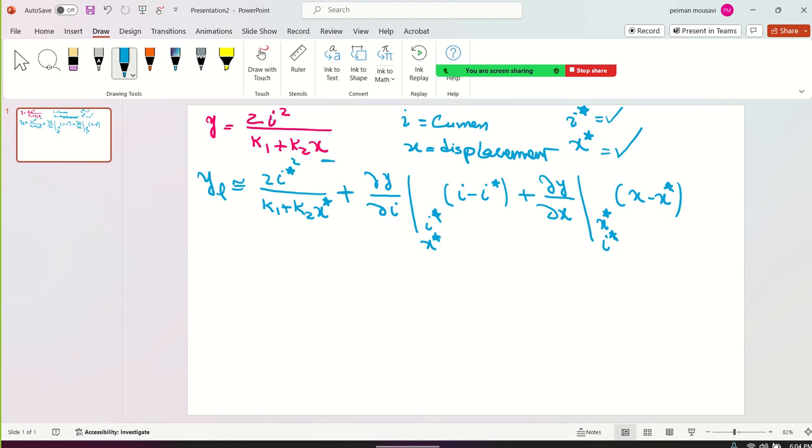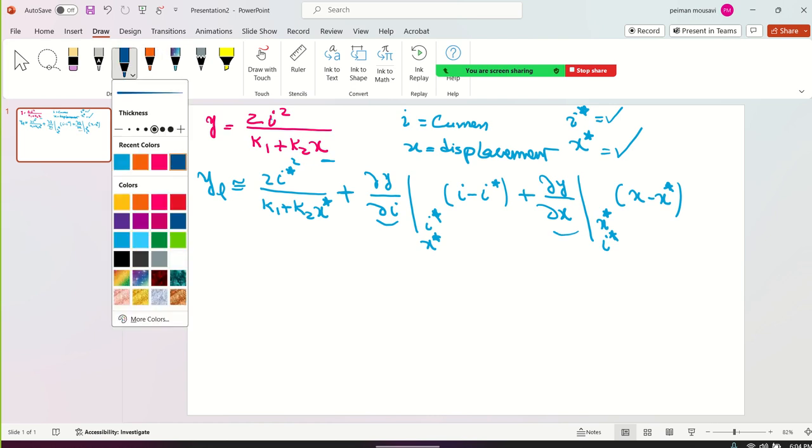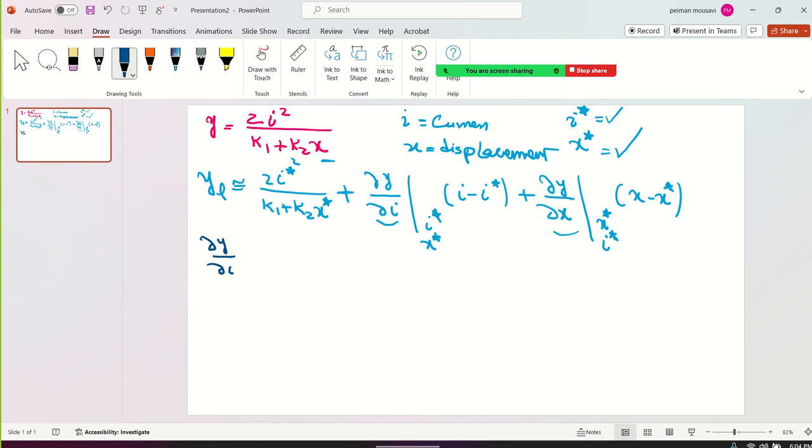Okay. So we have to calculate these first. Round y over round i is going to be, from here, 4i divided by k1 plus k2 x, at this point. So you're going to have 4 i star over k1 plus k2 x star. Let me give you some examples. Say the i star you found is 4 amps and x is, I don't know, 10 centimeters or 0.1 meter.